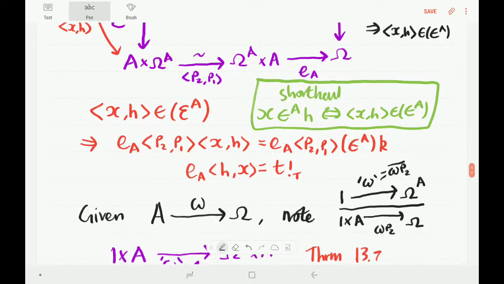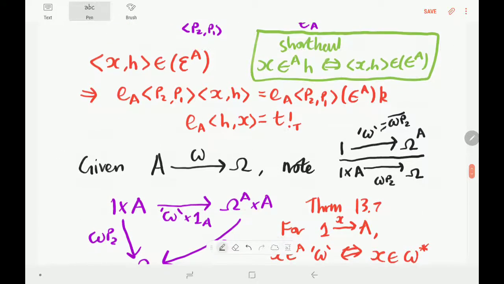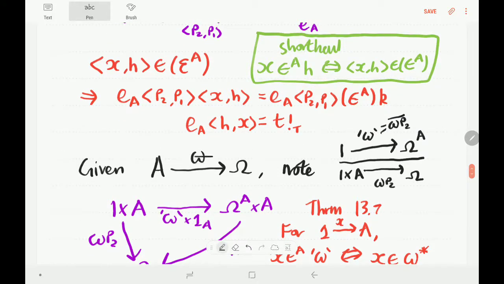Okay, but what's it all mean? Well, the meaning is sort of given by this result, Theorem 13.7. So suppose we have an arrow little omega from A to the subobject classifier.